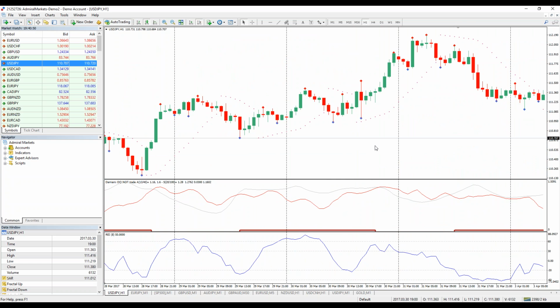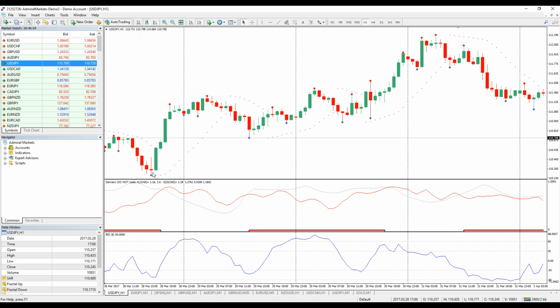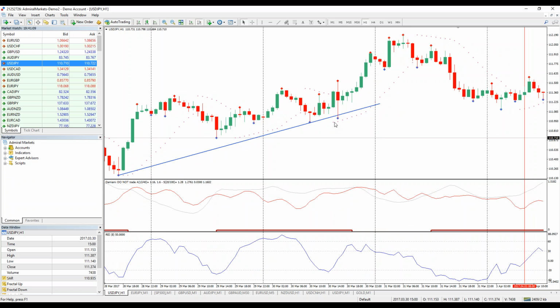Let's use maybe an uptrend example here. Yes, here we had uptrend, low, high, then low, low, low, another. You see, you connect these points. Obviously the price was in uptrend here, and our entry was here actually.